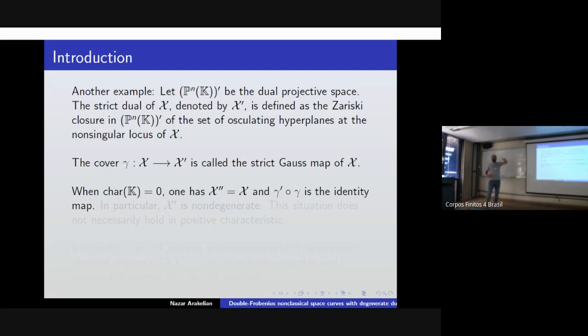Okay, so the dual of the dual is again your original curve. More than this, when you take the composition of the Gauss map of your curve and the Gauss map of the dual, then this is the identity map. Okay, it fixes all the points. And in particular, in this case, the dual curve is non-degenerate. Okay, it's not on a hyperplane of Pn prime.